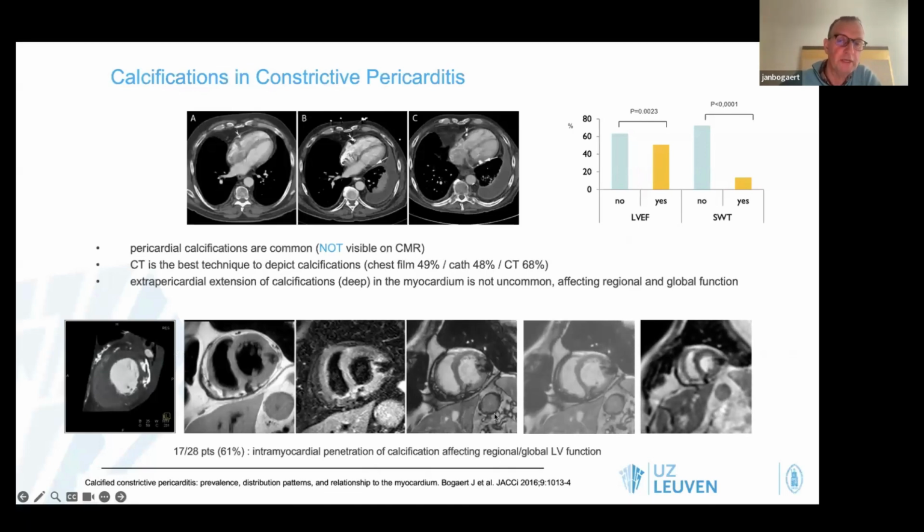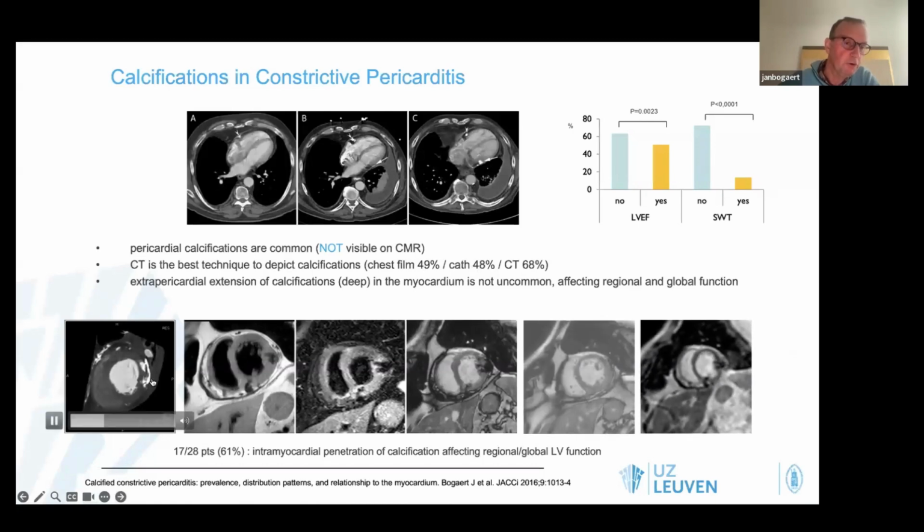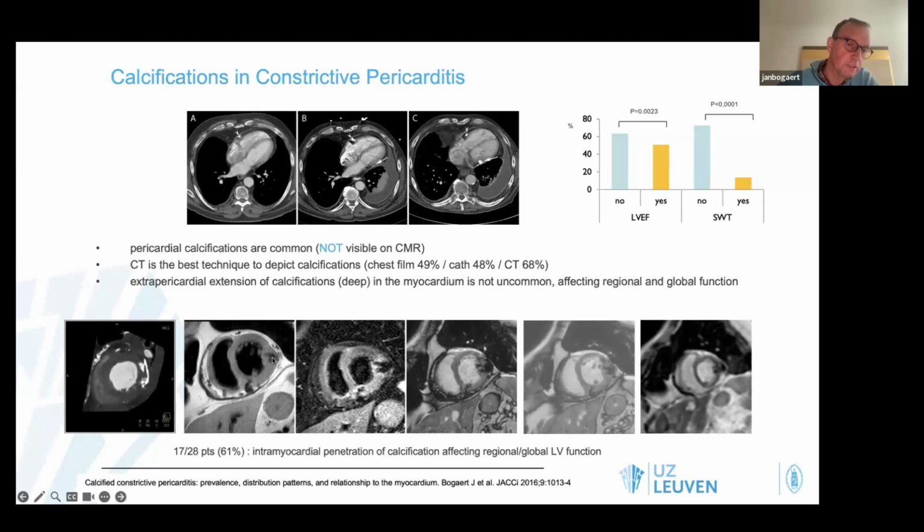Also, a couple of years ago, we looked at this in a retrospective way, and what we found is that CT is definitely the best technique, superior to both cardiac catheterization and chest film. But the most important thing, as I already showed you, is that calcifications are not limited to the pericardium, but may invade the underlying myocardium, as you can also see here on these T1-weighted spin-echo images, and also on the cine images here.